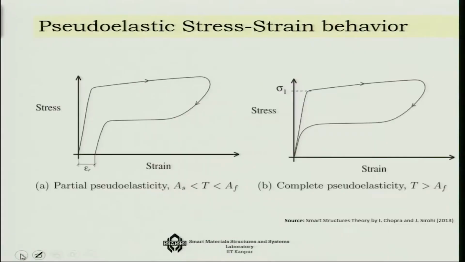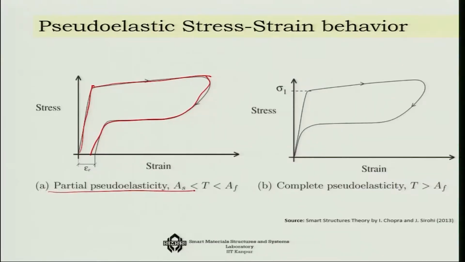Now you need not always go to the full cycle of complete austenite transformation. In that case it may happen that you increase the load, partial transformation has taken place, you unload it, once again it is going back like this. So this is what is partial pseudoelasticity.